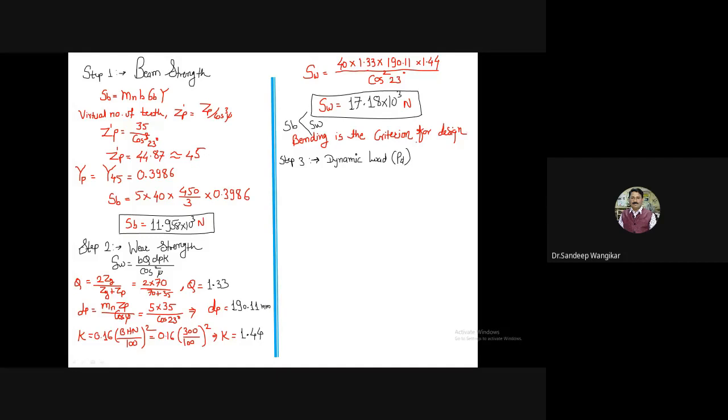Okay, now step number 3, let us move ahead. Dynamic load. Now here, as error, the formula for error is given. Buckingham's equation we have to use, and we have to calculate this.